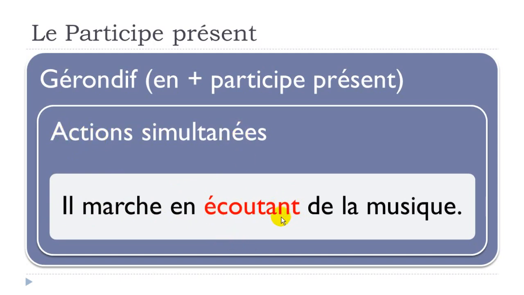Écouter is to listen, so he's walking, and he's listening to some music, il écoute de la musique. In that case, you use en écoutant to express the fact that it's happening at the same time. Il marche en écoutant de la musique. All right, so that's the first use of this gérondif form.